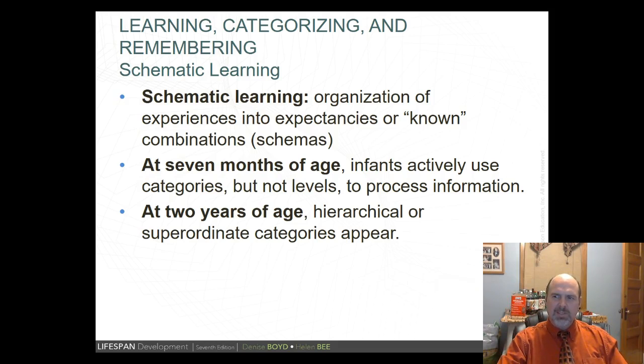Babies respond differently to animals versus furniture, but not to dogs versus birds. So at 7 months of age, they're able to use categories but not levels. They can understand there's a difference between a toy and a little animal, a live animal versus an inanimate toy. Different categories. So they start processing information that way.